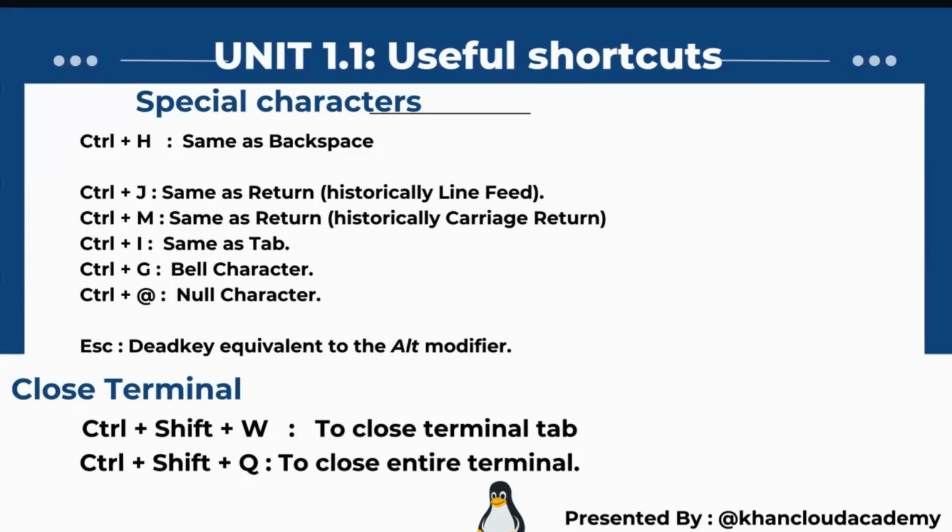Escape, if you press it as a dead key, is equivalent to the Alt modifier. If you want to close your terminal, press Control Shift W to close the particular terminal tab where you are working. In the same way, you can use Control Shift Q to close the entire terminal. If you are working on multiple terminals, it will close all of them.